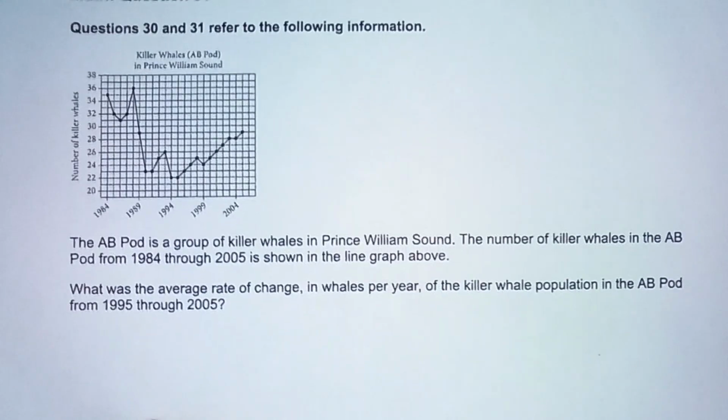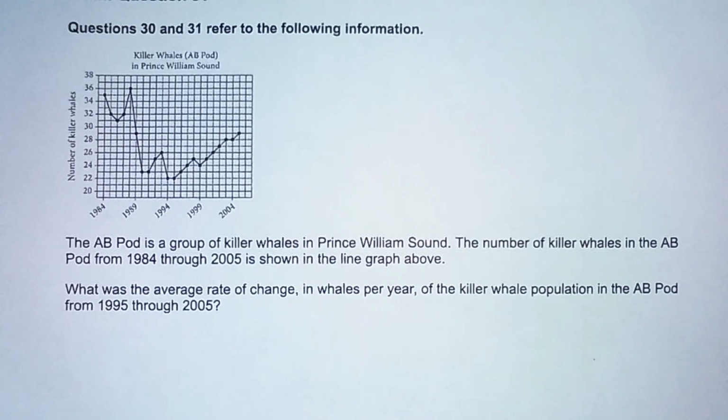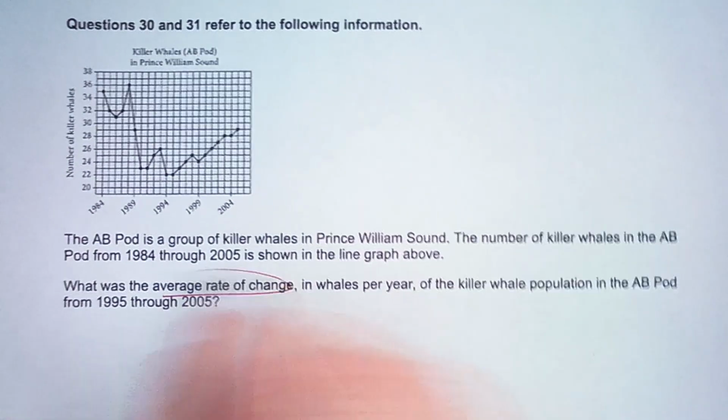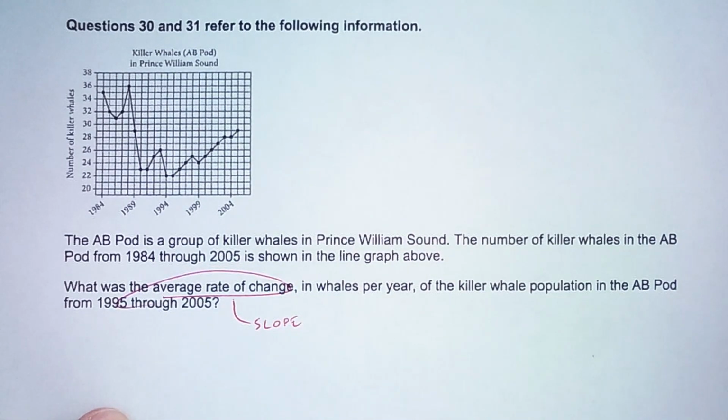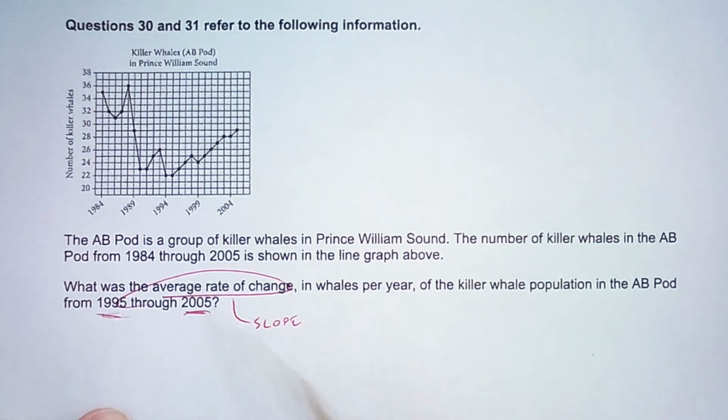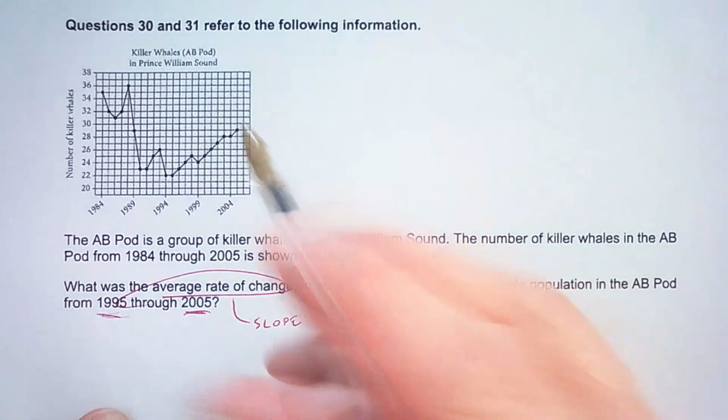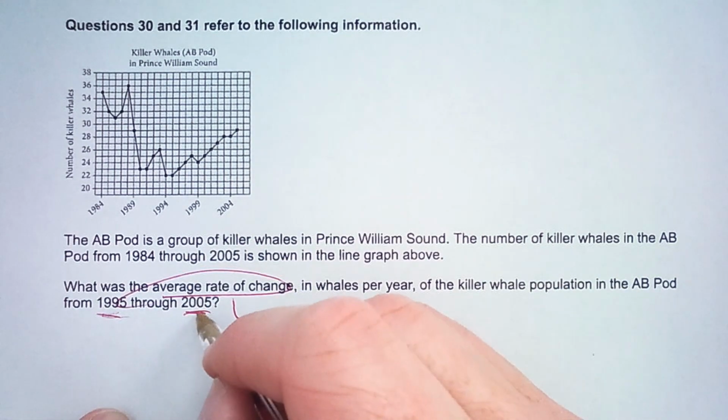And our last question, what was the average rate of change? A rate of change should make you think of slope. In whales per year of the killer whale population in the AB pod from 1995 through 2005. Okay, so to find the slope, let's get a point out of 95 and 05.